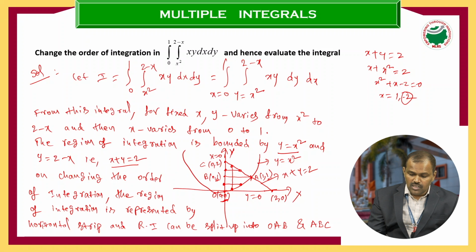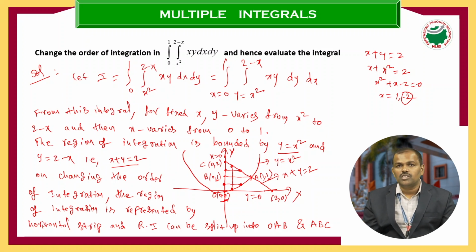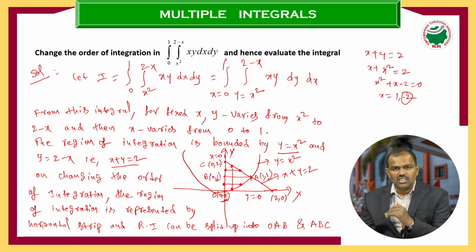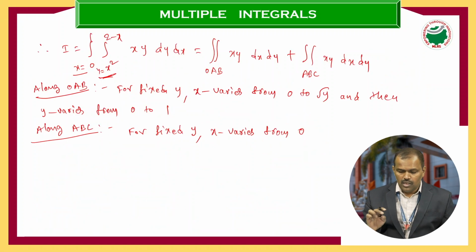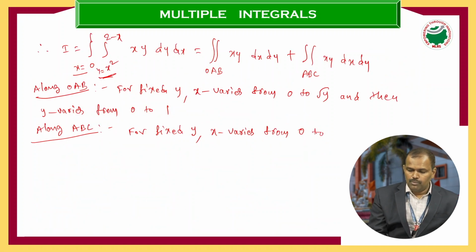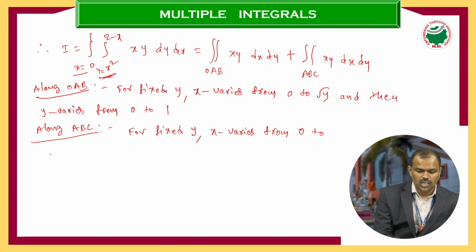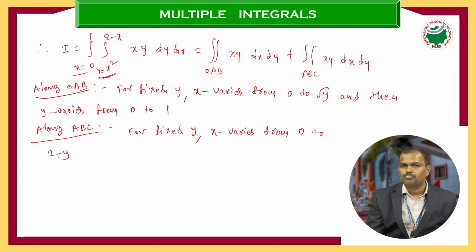But another edge is on the line x plus y is equal to 2. X plus y is equal to 2, so what is x? We want x in terms of y. X is equal to 2 minus y. That is the upper limit of x. X varies from 0 to 2 minus y.